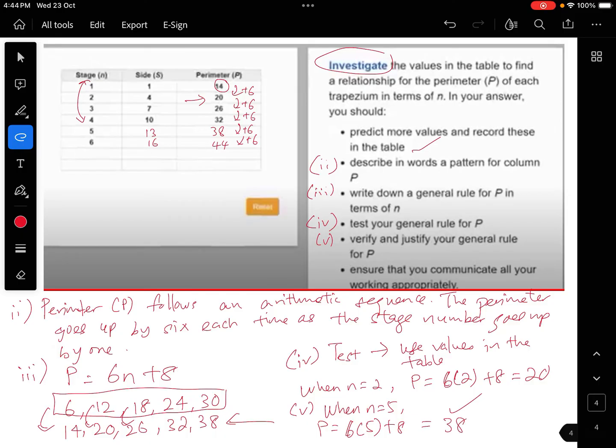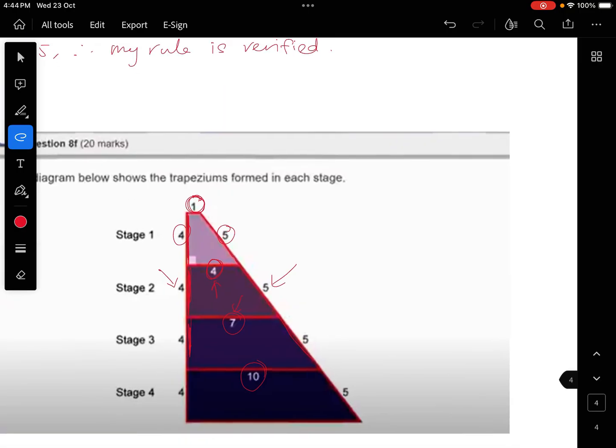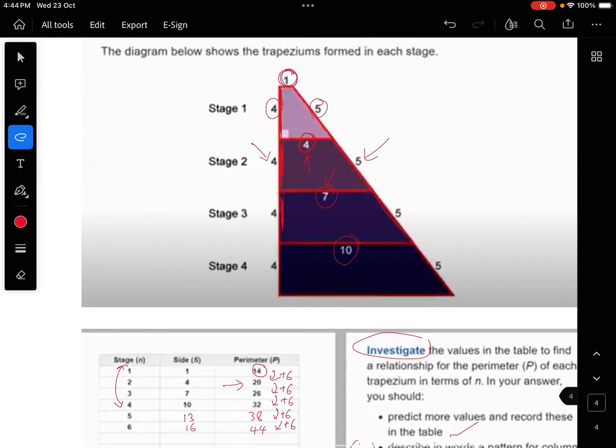Now, I want to show you another way to verify the general rule, not just by using the table, because this is all about combining trapeziums together. Now, I know that in stage 5, what I'll do is I will just add another trapezium here, and I know the trapezium is going to look something like that.